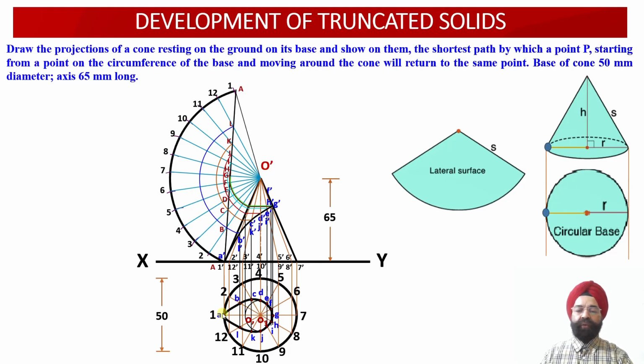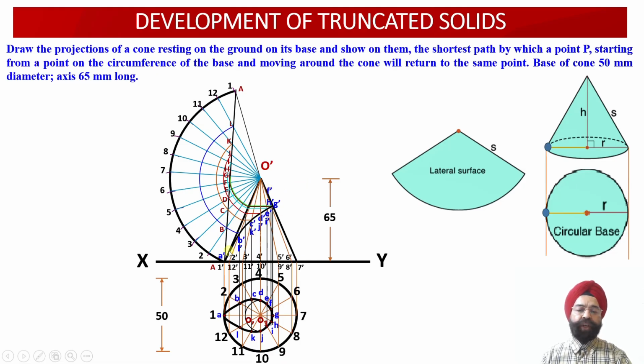So now once we join all of these 12 points of intersection in the plan projection view, we will be able to obtain the top view projections of the distance traversed by this point P while covering the surface of the cone in one revolution and reaching the same point which is lying onto the base as the end point of its journey over here.